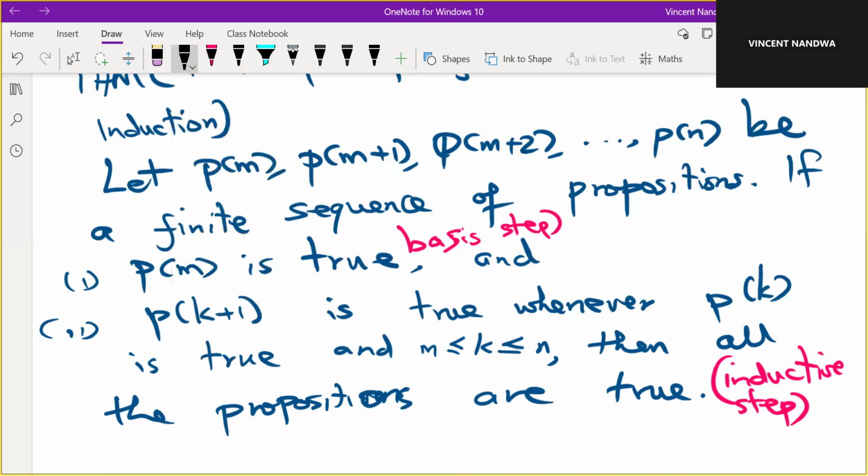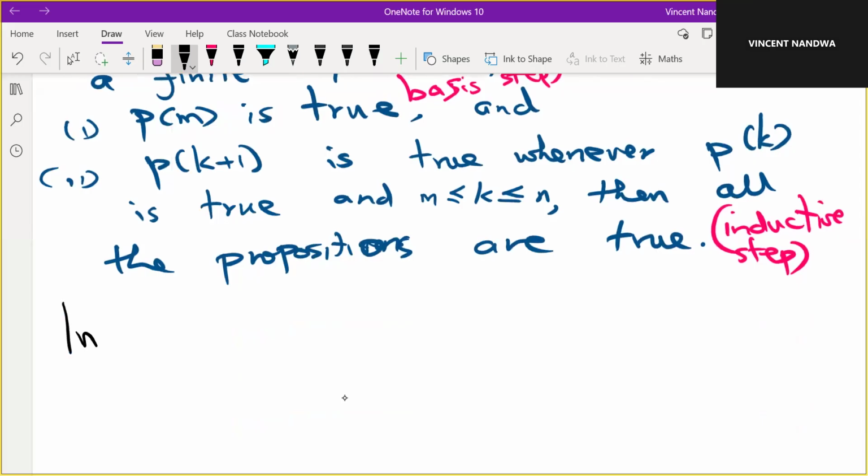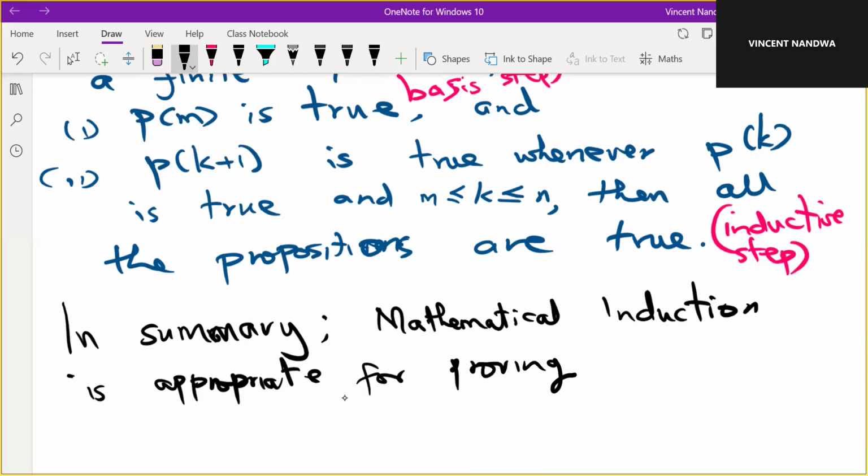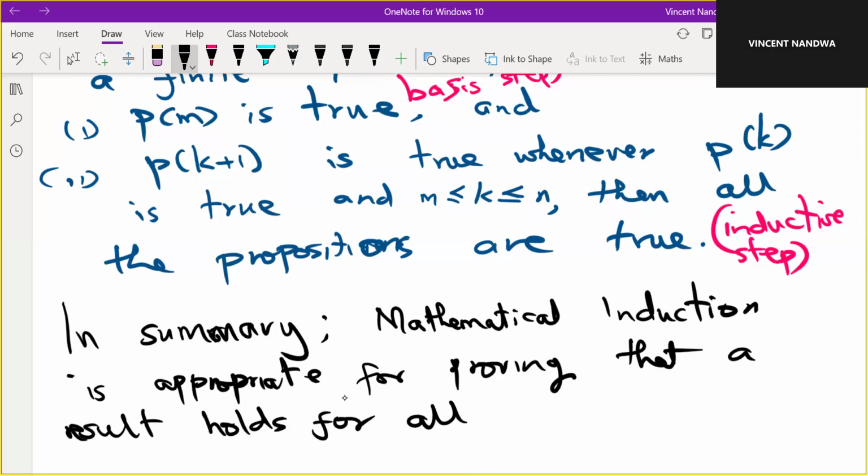So in summary, mathematical induction is appropriate for proving that a result holds for all positive integers.